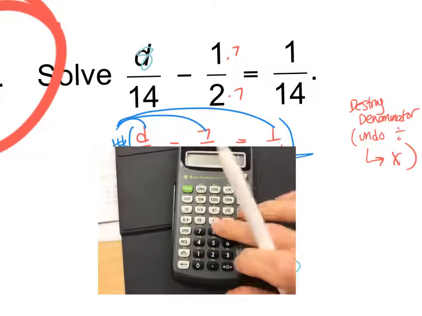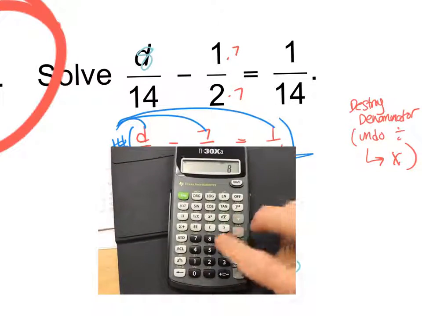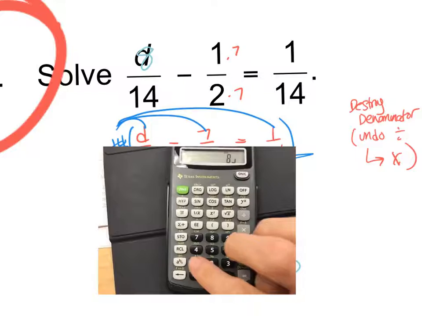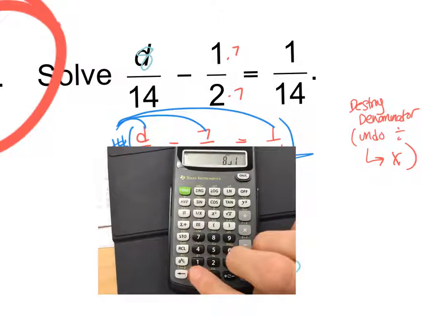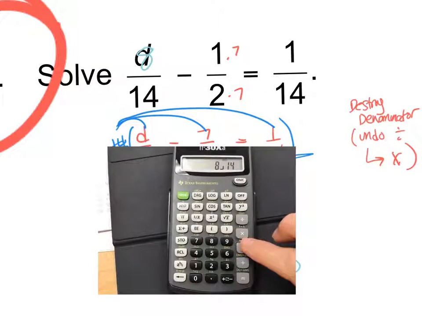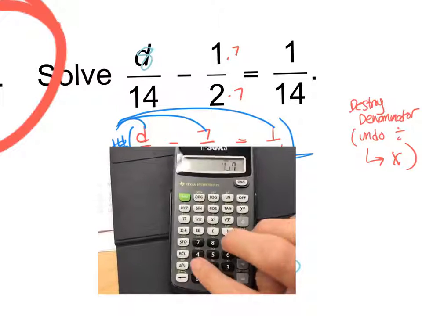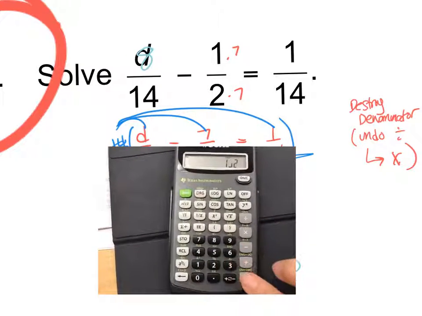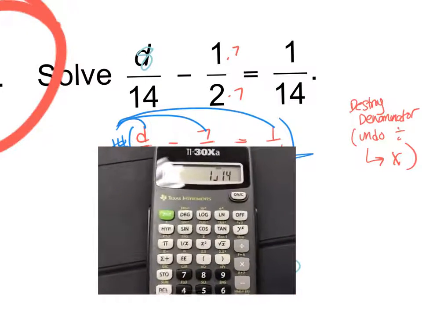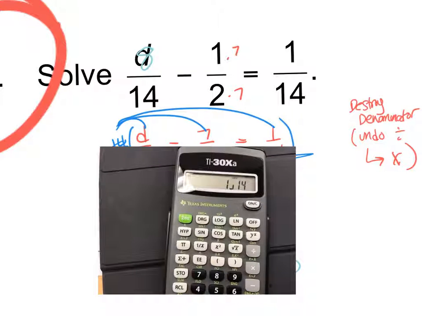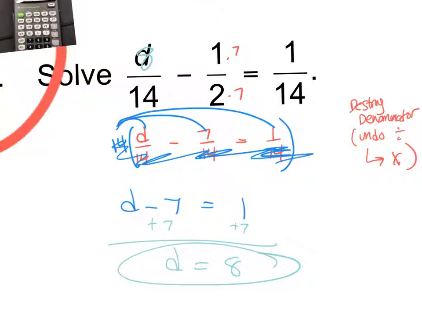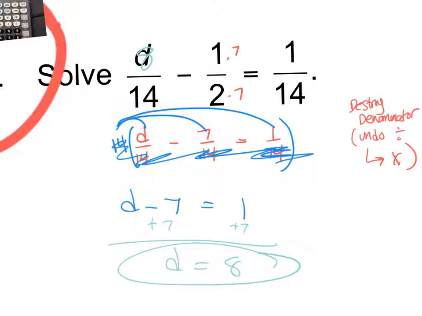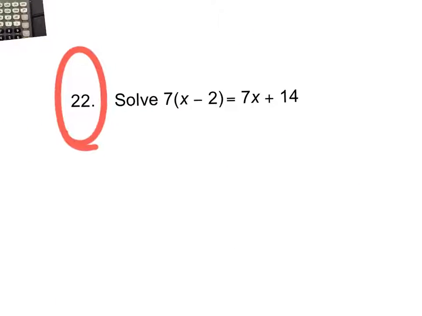So 8 over is this button, 14, oops, sorry, backspace, 14, minus 1/2, it should give me 1/14, and sure enough it does. So I know that my answer of 8 is correct, because when I plugged it back in, I got the right answer. All right, moving right along.